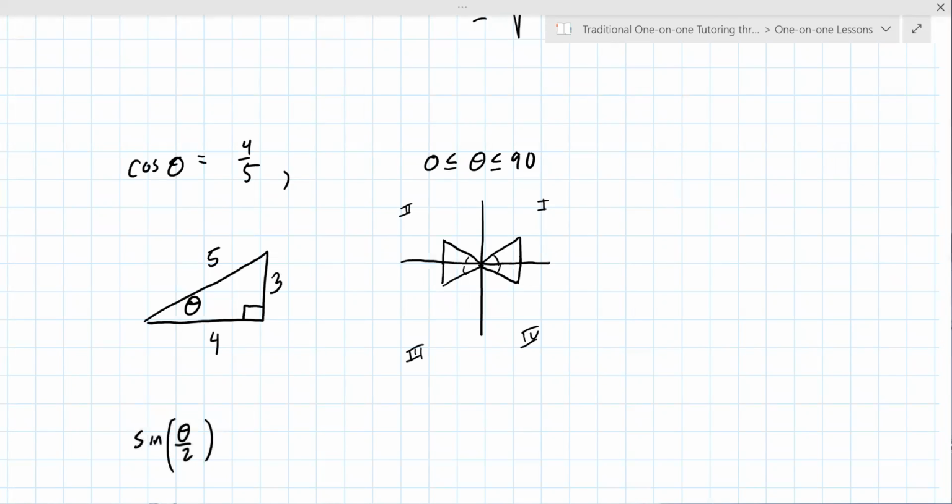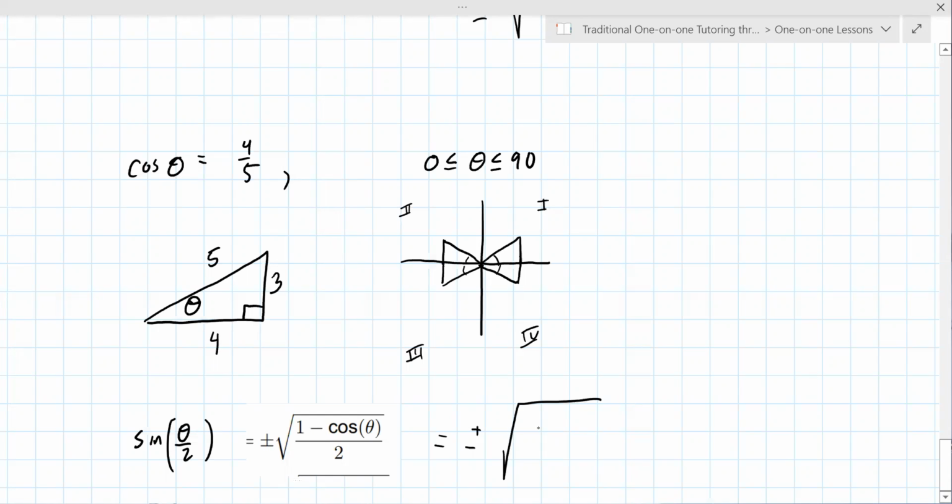Okay, so this problem asks for the sine of theta over 2, and from your reference sheet you're supposed to be able to say that's equal to plus or minus the square root of 1 minus cosine theta over 2. So 1 minus 4/5 over 2. Now this one reduces a lot nicer.